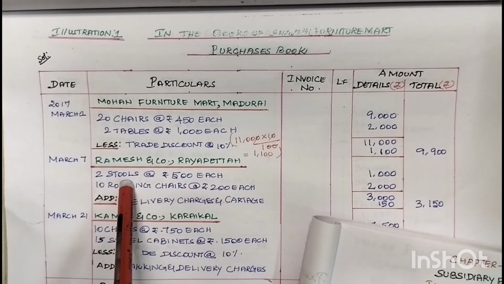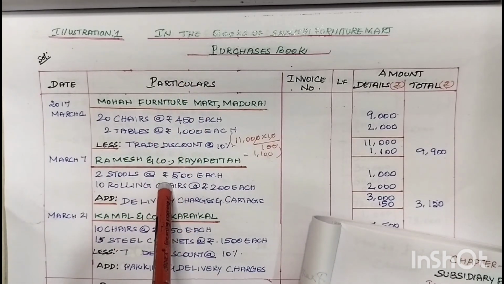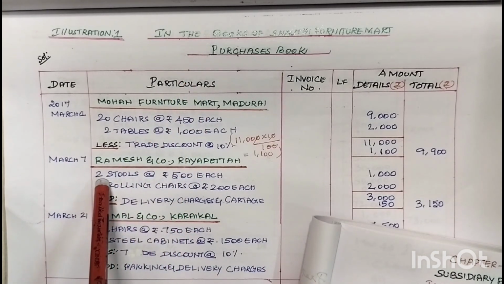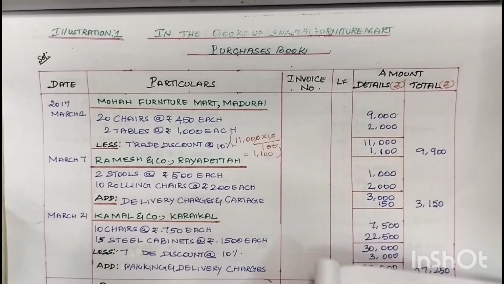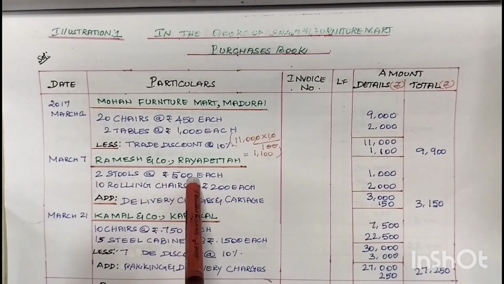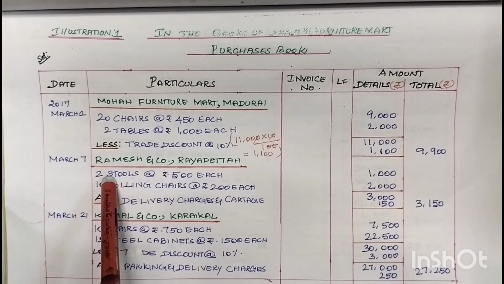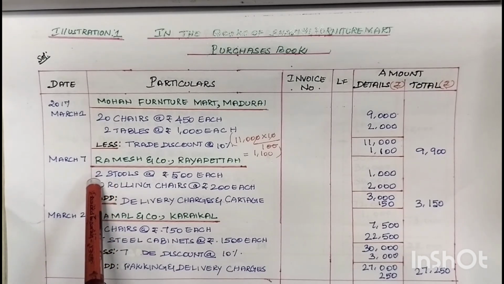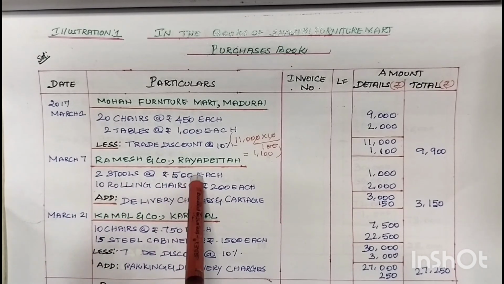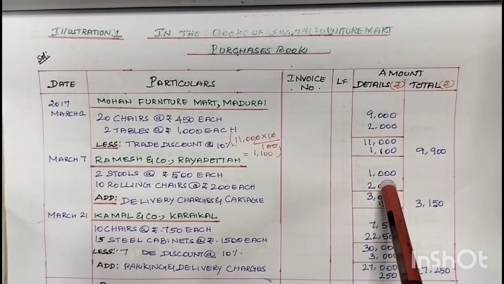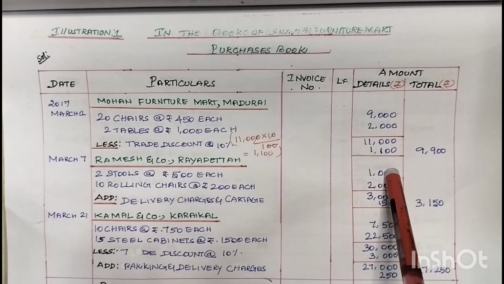You enter the details into the particular column, that is 2 stools at rupees 500 each. So each stool rupees 500. How much for 2 stools? You have to multiply 2 into 500. You got 1,000 rupees. That 1,000 rupees you have to enter into the detail column. So we entered that.